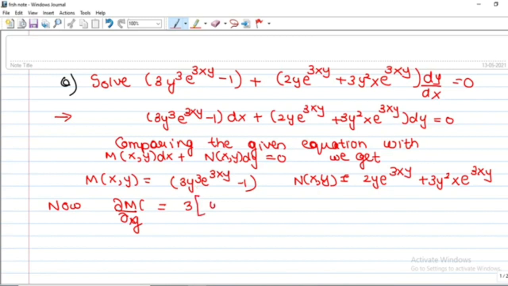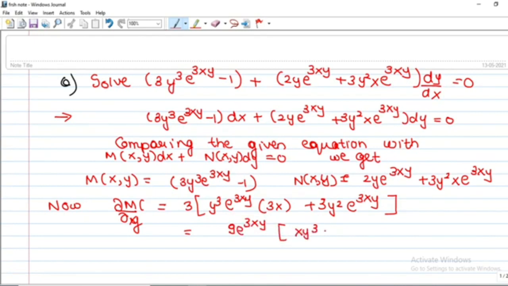We keep y³ as it is, e^(3xy) as it is, and by chain rule this gives 3x. After this, we differentiate y³, so it will be 3y² e^(3xy). If we simplify further, taking 3 and e^(3xy) outside, we are finally left with x y³ and y².